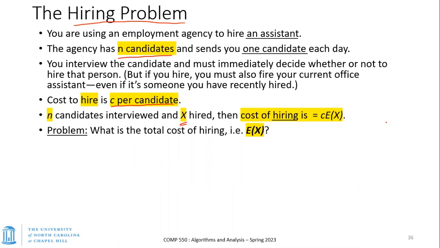Okay. The worst case could be what? What would be the maximum cost? Yeah.